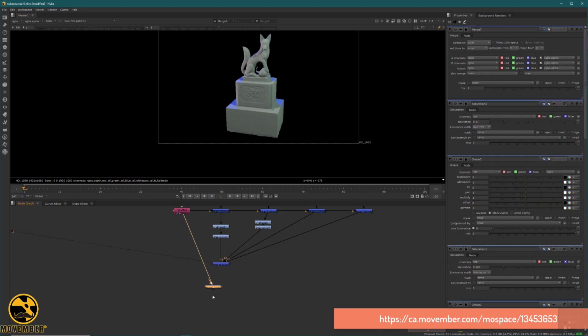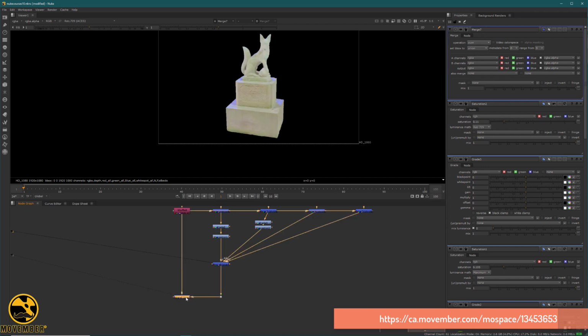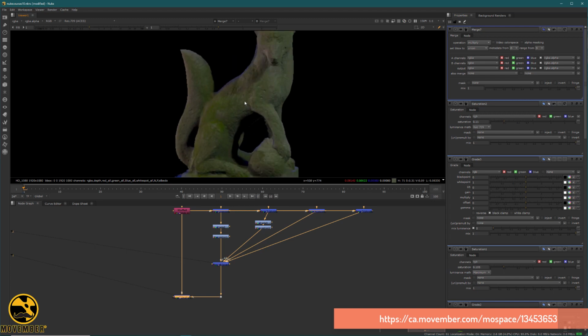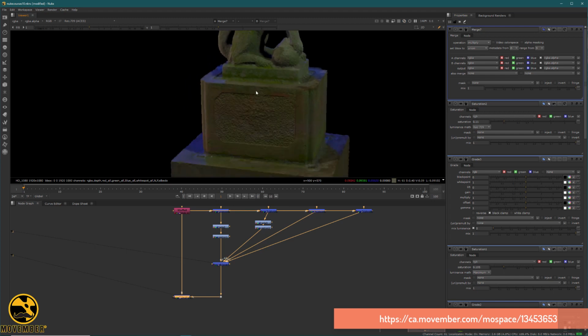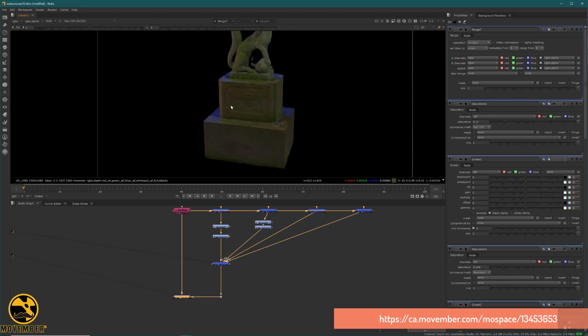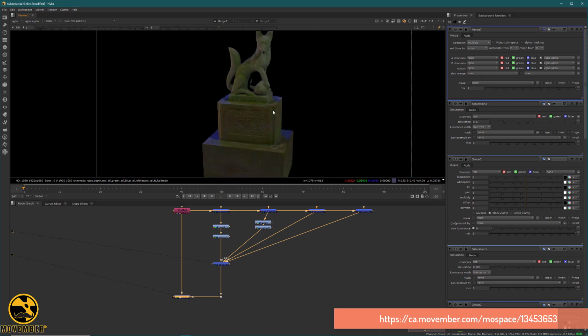And after that, since we used a divide, you can now use a multiply. This is the right way to play with lighting without destroying the texture information.